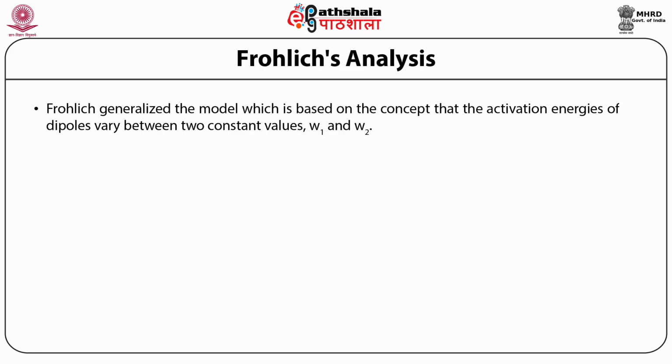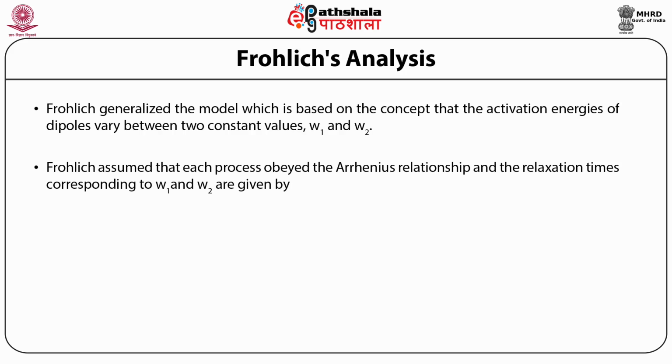values W1 and W2. Froelich assumed that each process obeyed the Arrhenius relationship, and the relaxation times corresponding to W1 and W2 are given by tau 1 equals tau 0 into exponential of W1 by kT, and tau 2 equals tau 0 into exponential of W2 by kT.